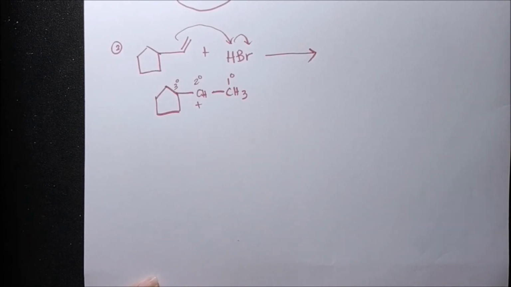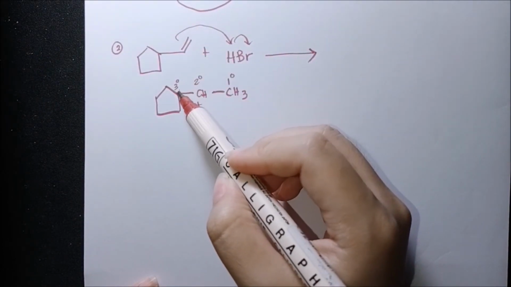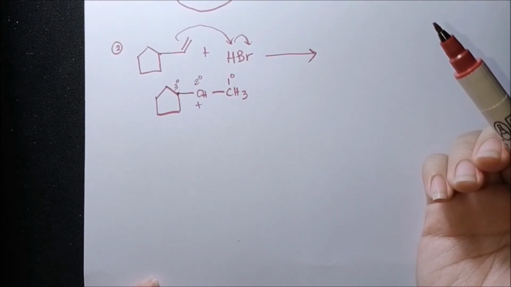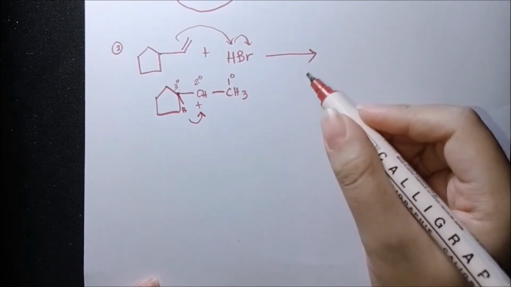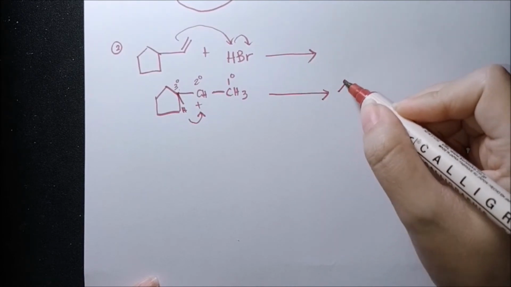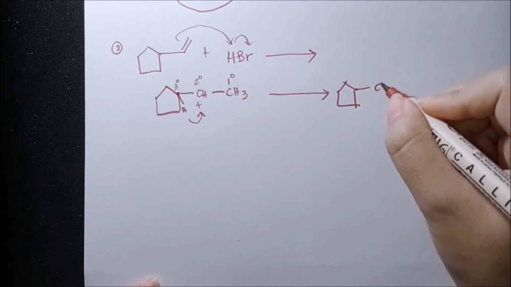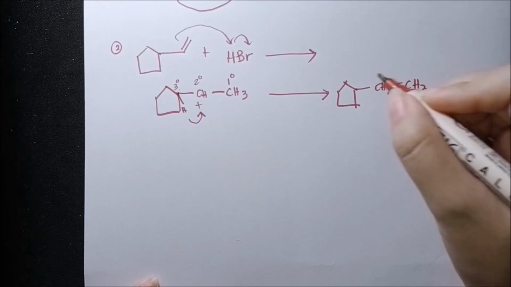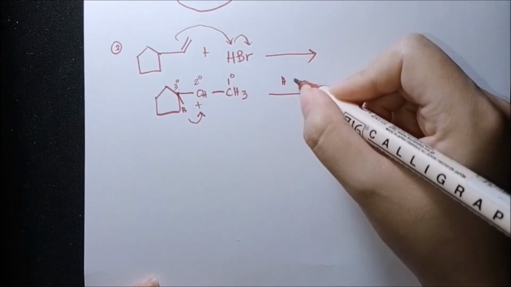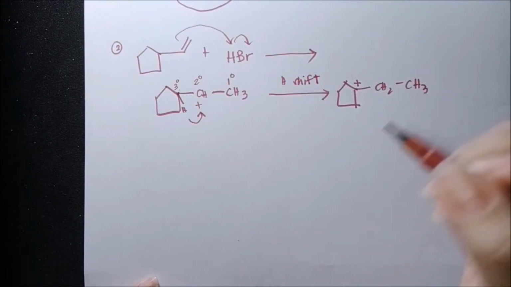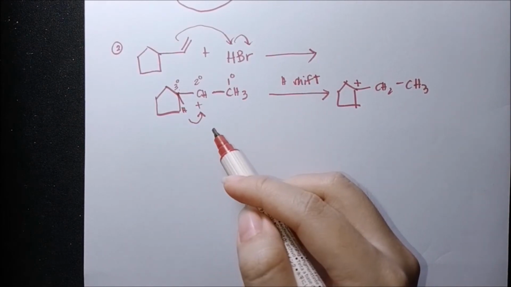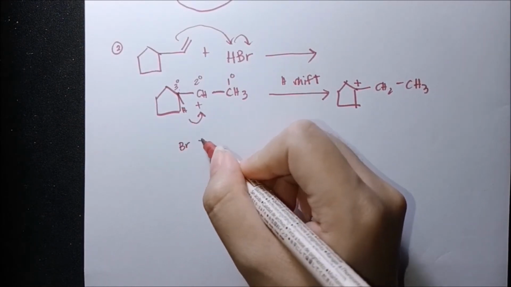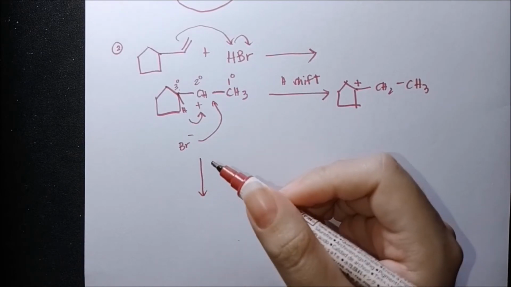Again, notice that we have a tertiary carbon present in this secondary carbocation, meaning we can possibly have a more stable tertiary carbocation through hydride shift again. And so you will have this carbocation result. Now, let's consider both of these carbocations. For this one, the bromide ion will attack here and will yield this product.